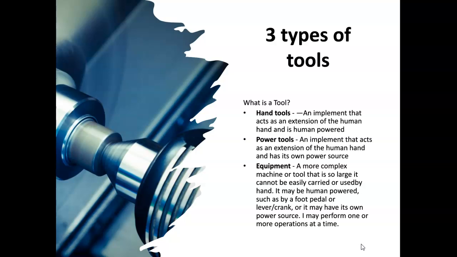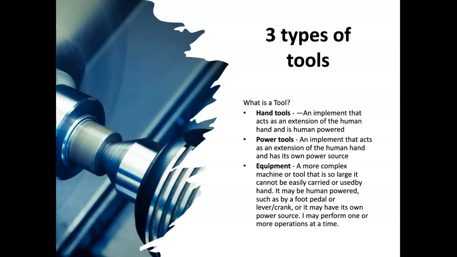When we talk about equipment, we're getting more and more complex. Usually your equipment is stationary, so it's not easily moved. Hand tools and power tools, of course, are movable. They can go back and forth from job site to job site, depending on where the work is. Generally, the equipment is much more stationary and designed to stay in place.